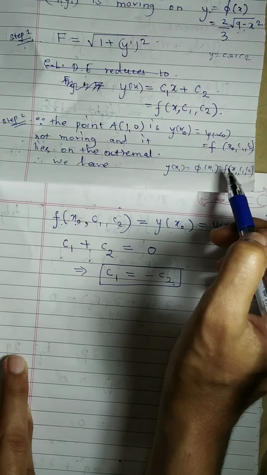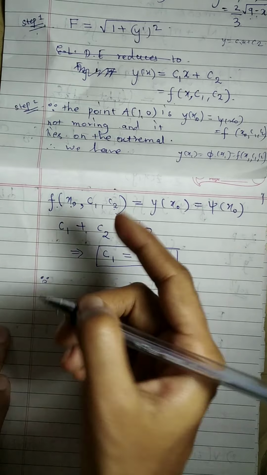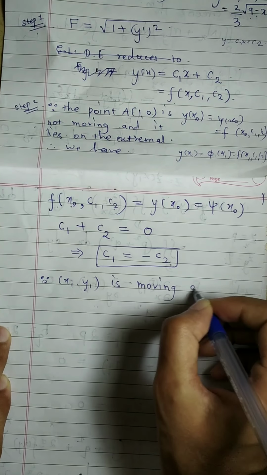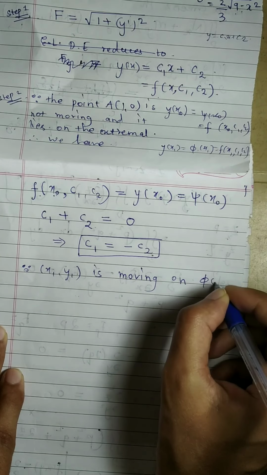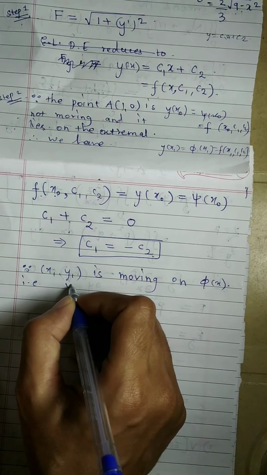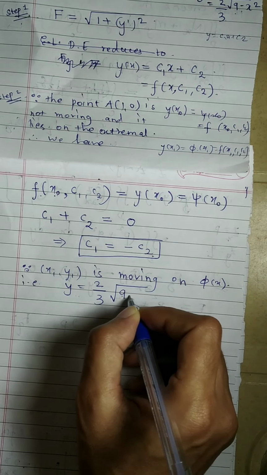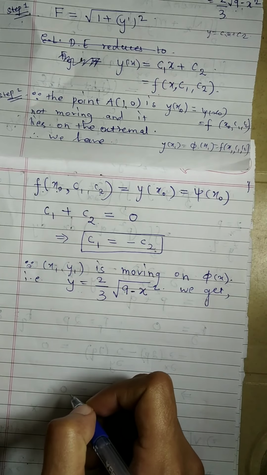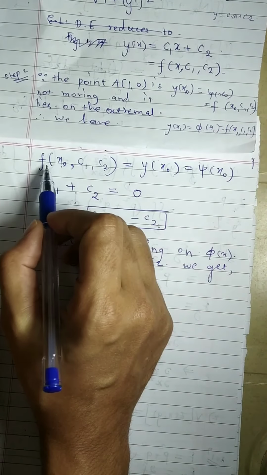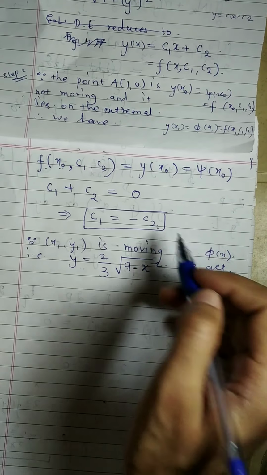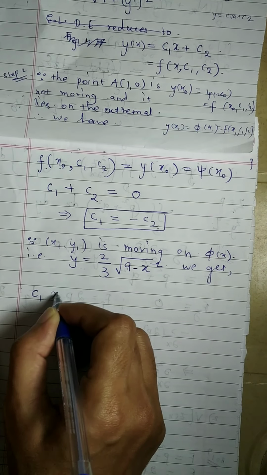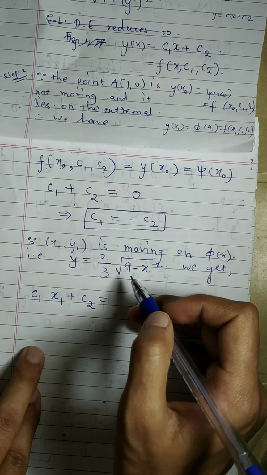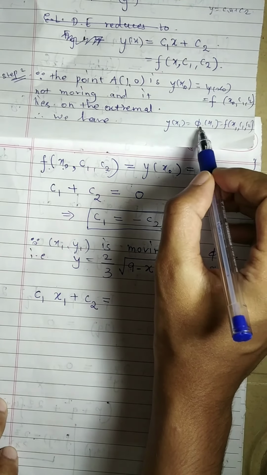And from the second condition, since the next point x1, y1 is moving on the curve phi of x, that is y equal to 2 by 3 root of 9 minus x square, we get capital F at x1, c1, c2, that will be c1 into x1 plus c2 equal to phi at x1.